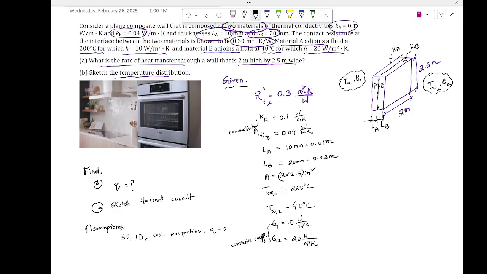This resistance you can call R1, which is 1 over h1 A, where h1 is here. That's the equation. And this resistance is R2, and A. So that's the equation for the conduction. So the contact resistance is actually R''. And you say that's R2, 1 over h2 A.